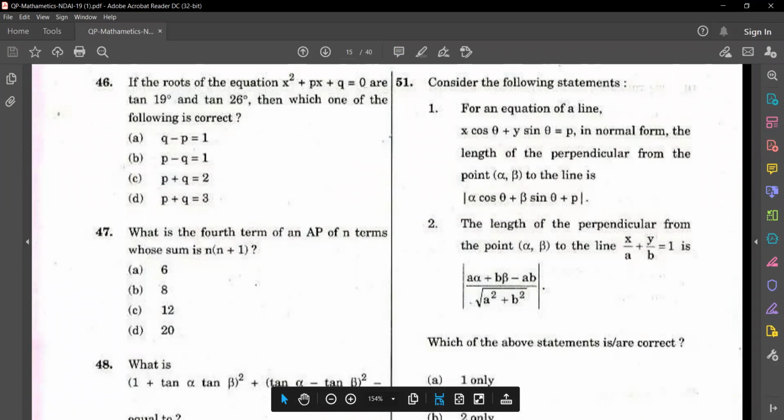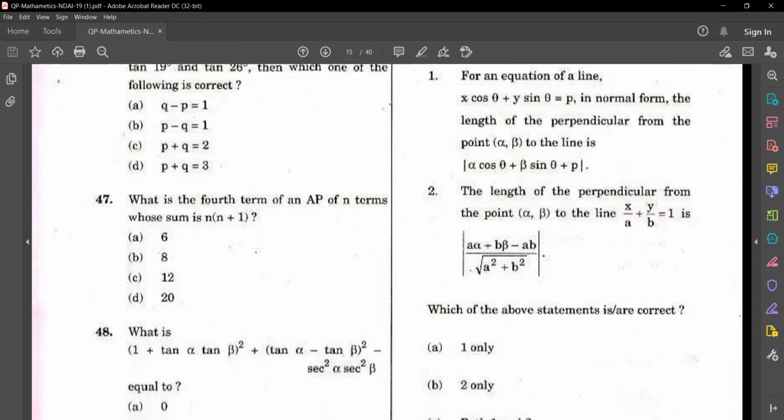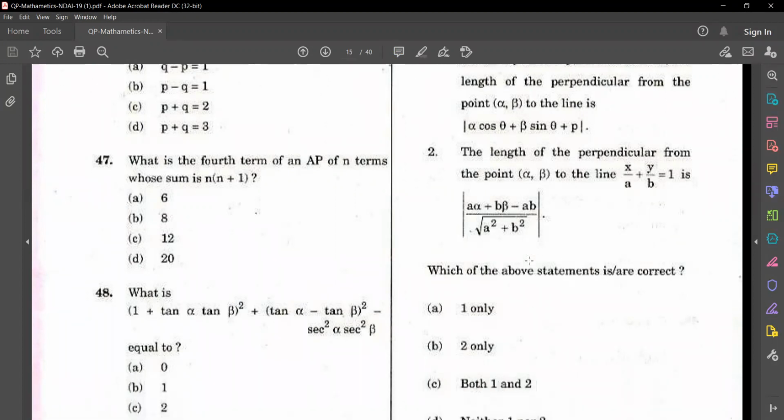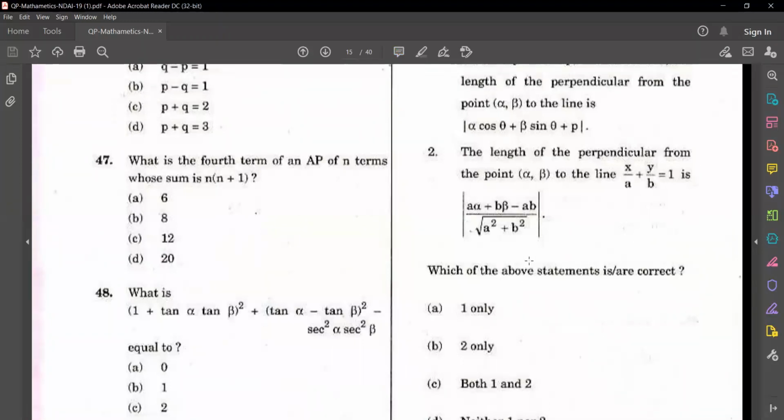The length of the perpendicular from the point alpha comma beta to the line x by a plus y by b is equal to 1 is a alpha plus b beta minus ab by root of a square plus b square. You have to find out which of these statements are correct: one only, two only, both one and two, neither one nor two.